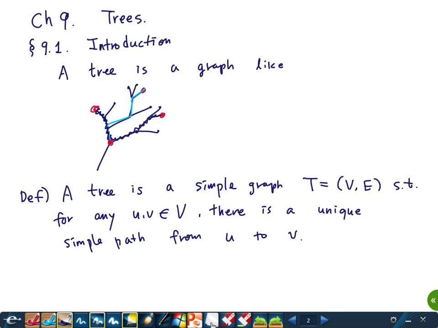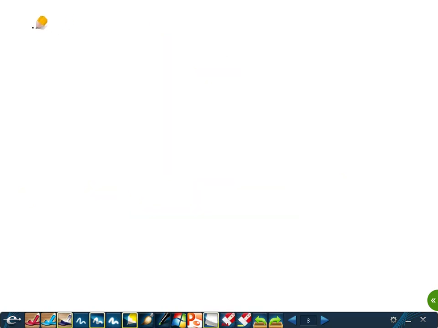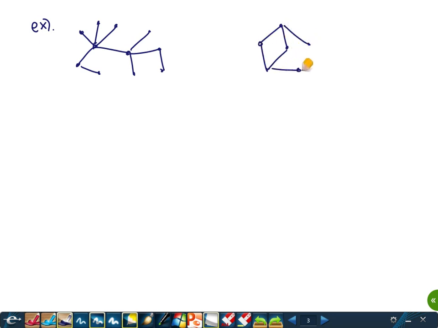So let me give you more examples. I already gave you one, this is a tree. But this is not a tree, because if you take u and v here and here, there is more than one simple path.